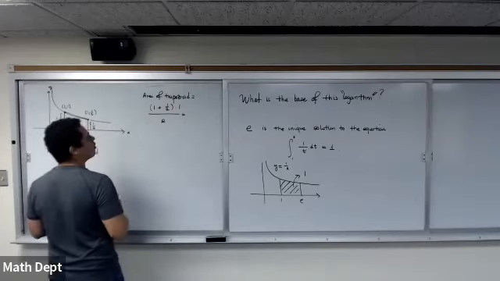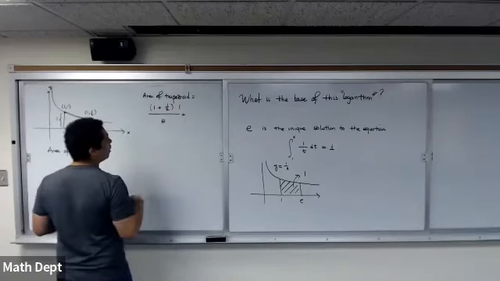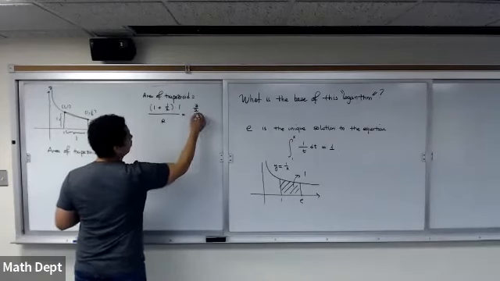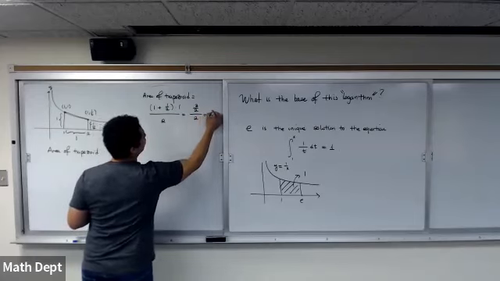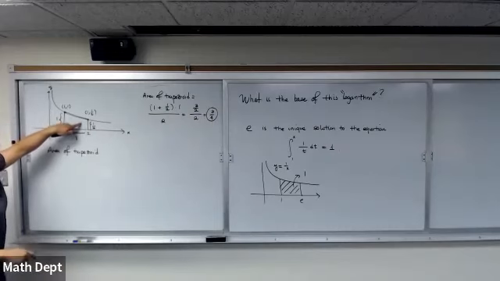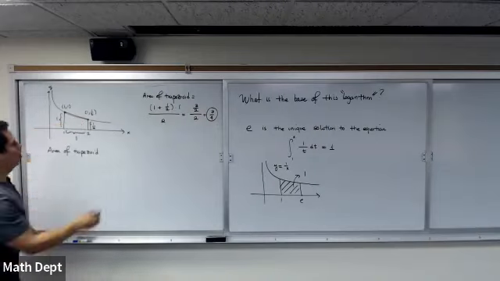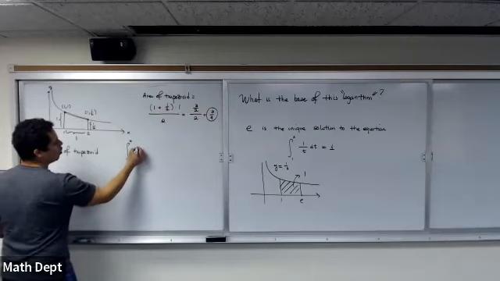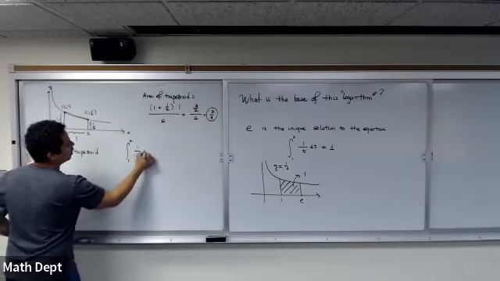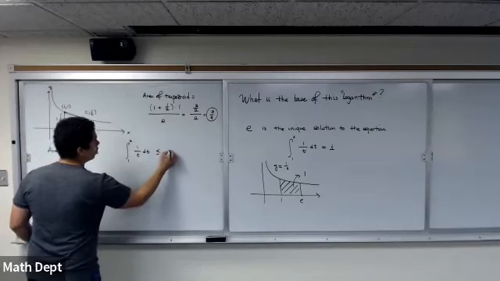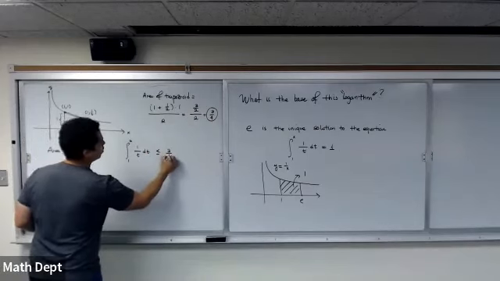So let's see what this number is. Multiplying here, we have 3/2 over 2, that's 3/4. So this area that we have here, which is another estimation, is 3/4. That means that the integral from 1 to 2 of 1 over t dt is less than or equal to the area of the trapezoid, which is 3/4.